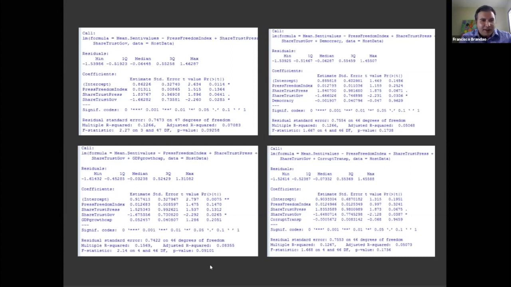I said predict bad news, but it's actually predicting positive news. Sorry. So on the right side, there are 2 other models, and we lose the intercept with them, but trust in the press and government trust remain significant, or almost significant, right?